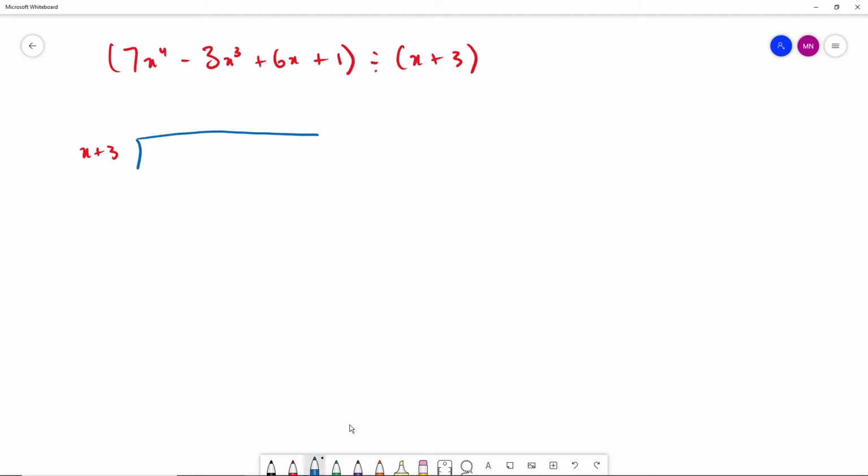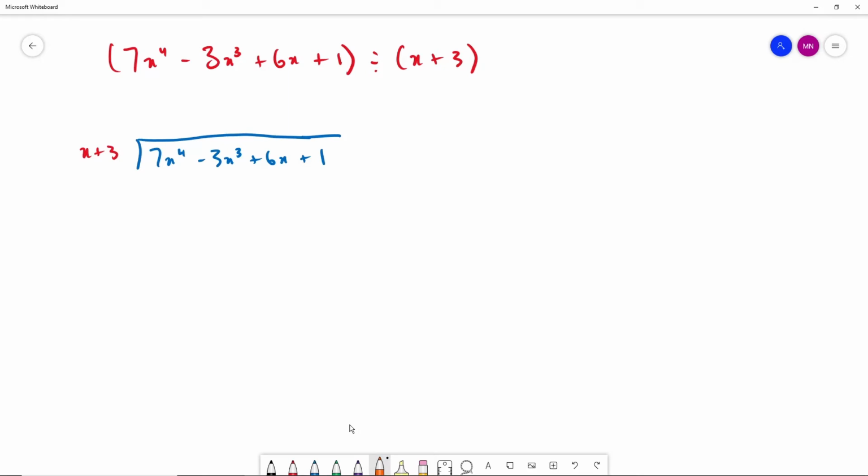Okay, another example: 7x to the power of 4 minus 3x cubed plus 6x plus 1 divided by x plus 3. So we have x plus 3 dividing 7x to the power of 4 minus 3x to the power of 3 plus 6x plus 1.